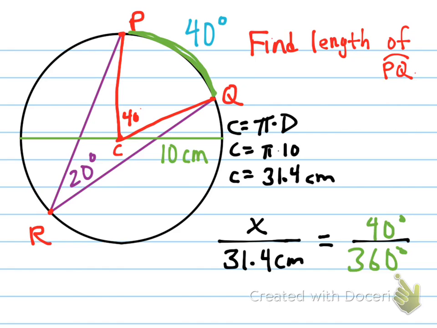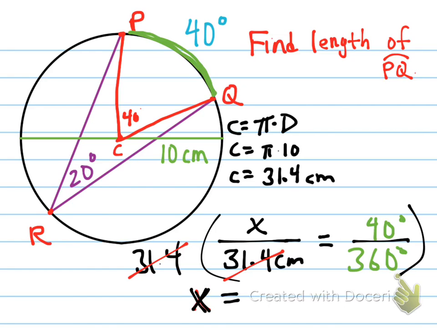I'm going to quickly multiply both sides. I'm not going to cross multiply directly. I'm going to multiply both sides by 31.4. Since x is being divided by 31.4, that'll have the net effect of canceling it. This will give me, on the left-hand side, x is equal to, and I'm going to leave that fraction as is temporarily, 40 over 360 times 31.4.